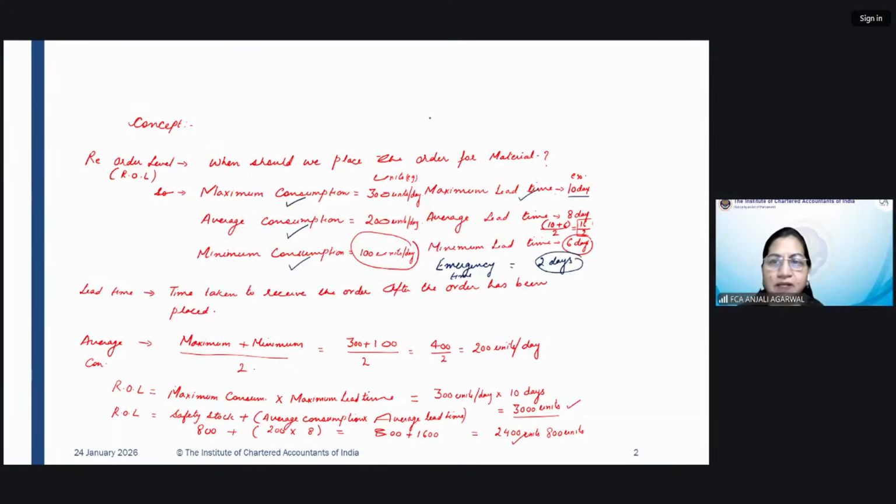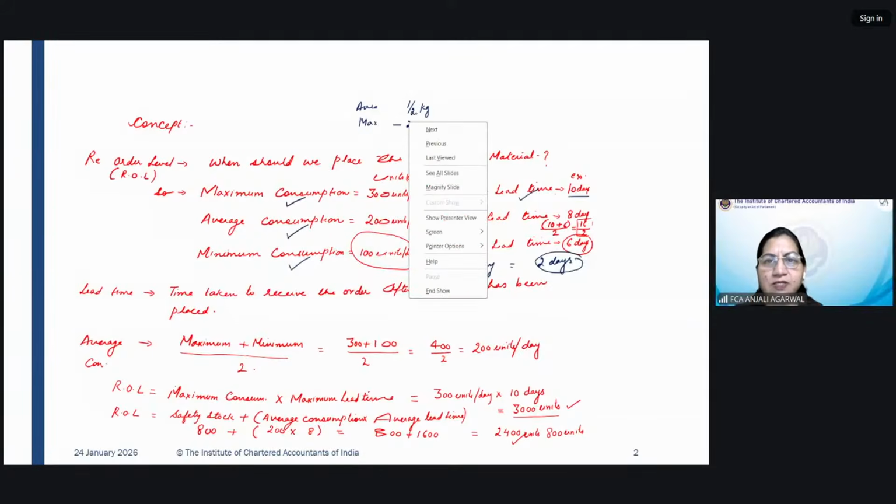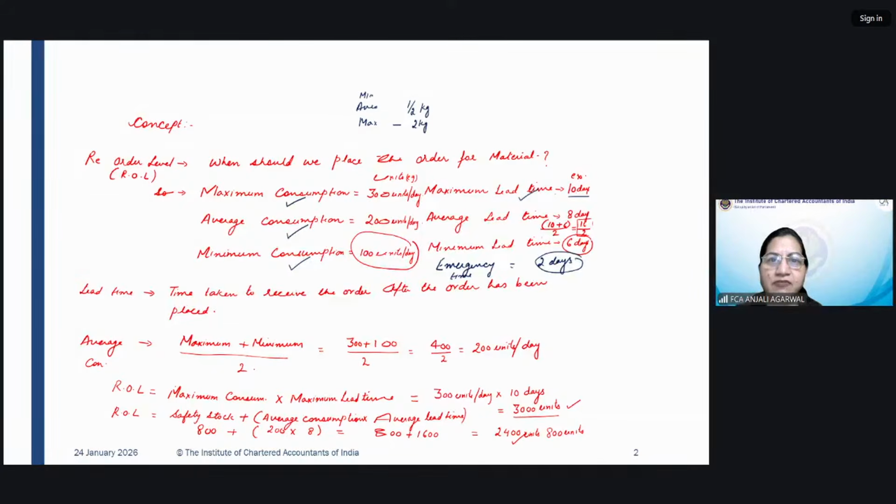So if I compare, let's say, on an average in your family, you eat a half kg of flour every day. This is the average consumption. Sometimes you have guests. So maybe when you have guests, you consume 2 kgs per day. And sometimes there are people in the family who are not eating or having fast.